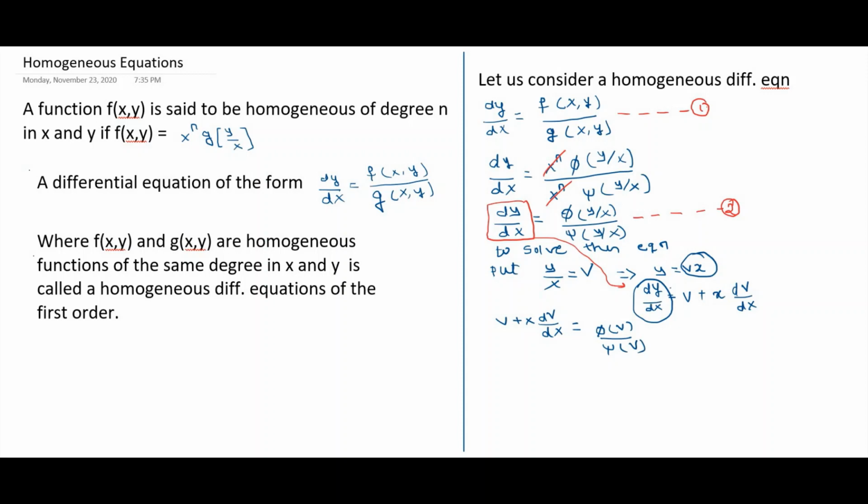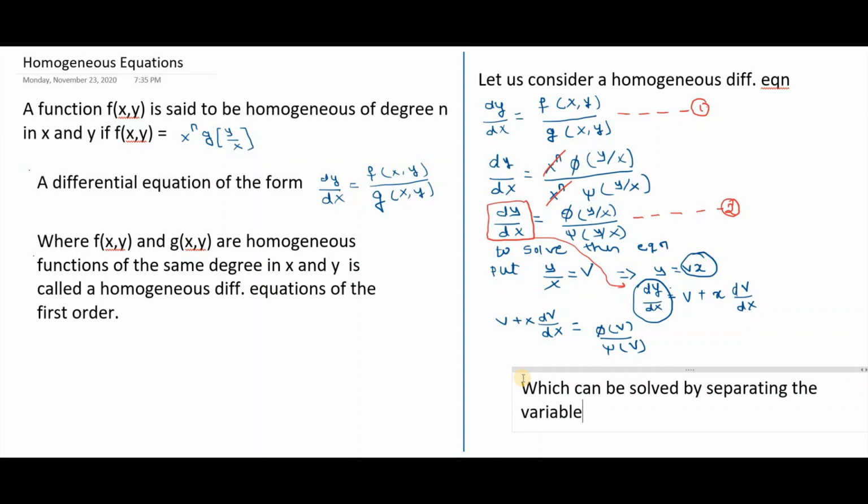Now we have to separate the variables. On separating the variables you will get the required solution. Which can be solved by separating the variables.